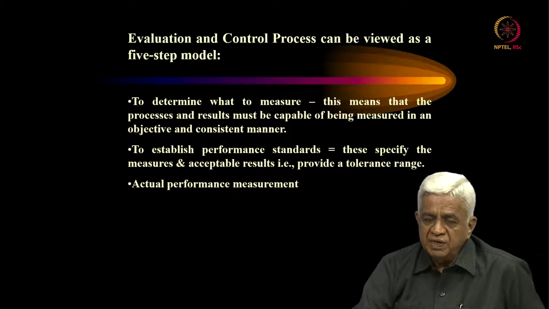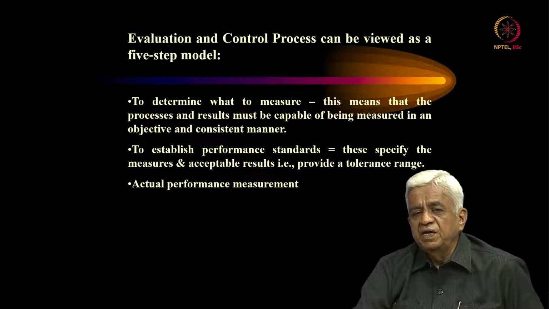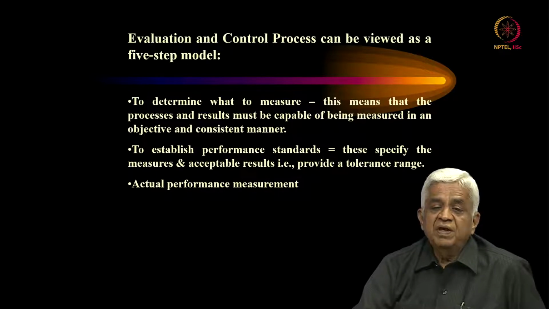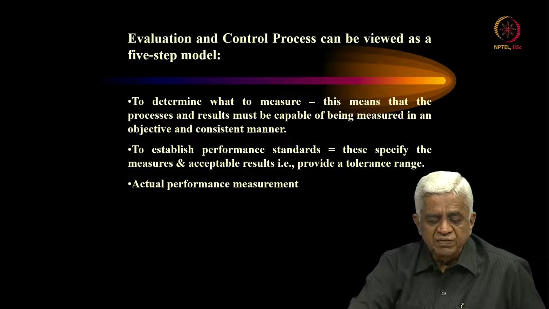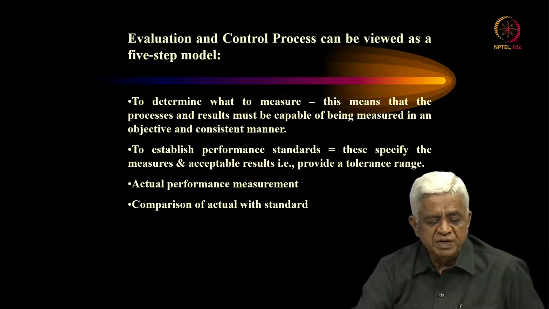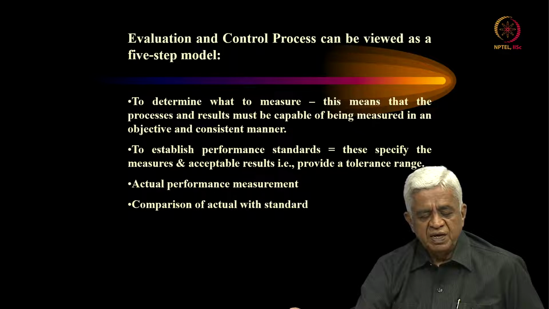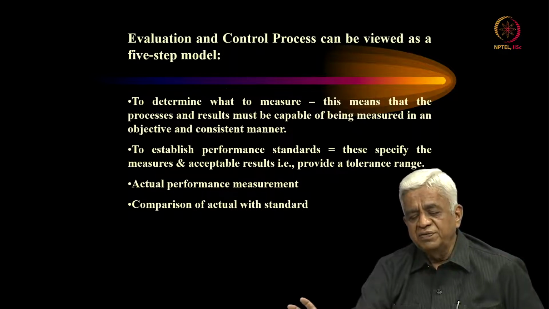Now, the question that comes is, suppose you are engaged totally in R&D, how do I measure the performance of these R&D people? With respect to the industry, they are looking at applied R&D. The second one is to establish performance standards. These specify the measures and acceptable results, that is, they provide a tolerance range.